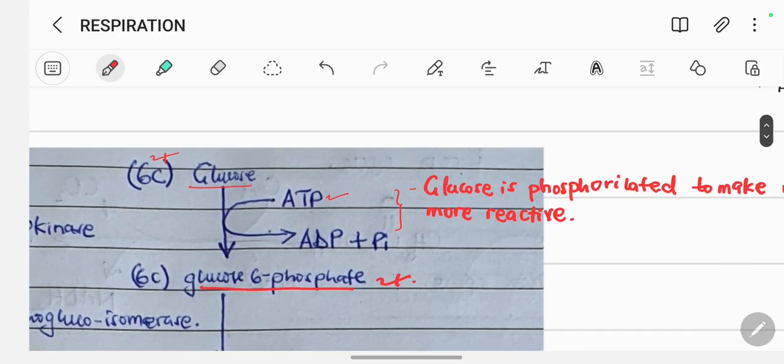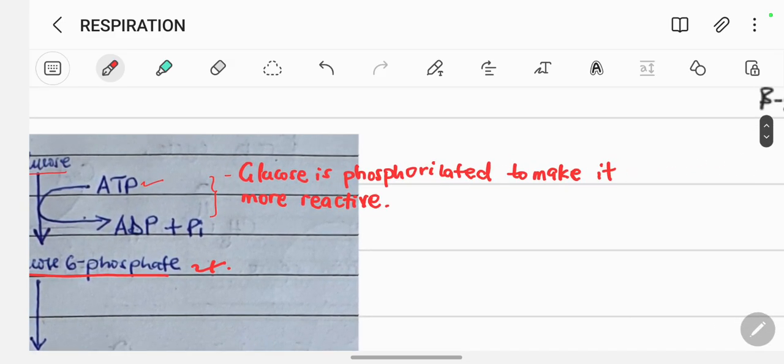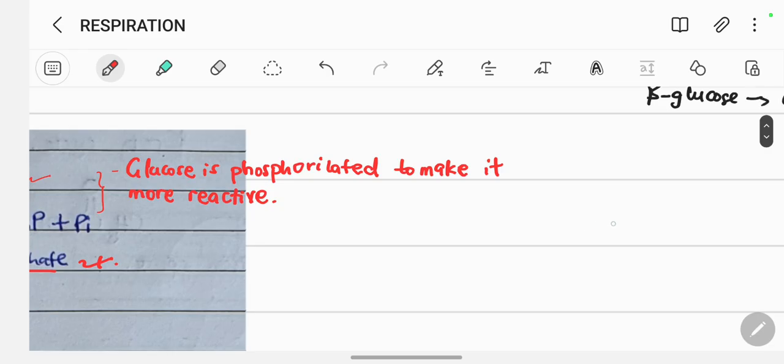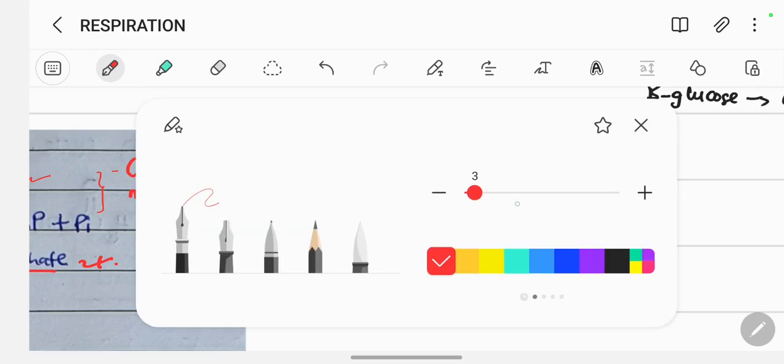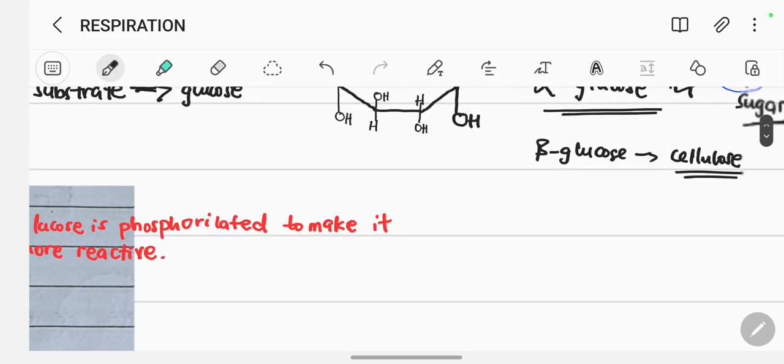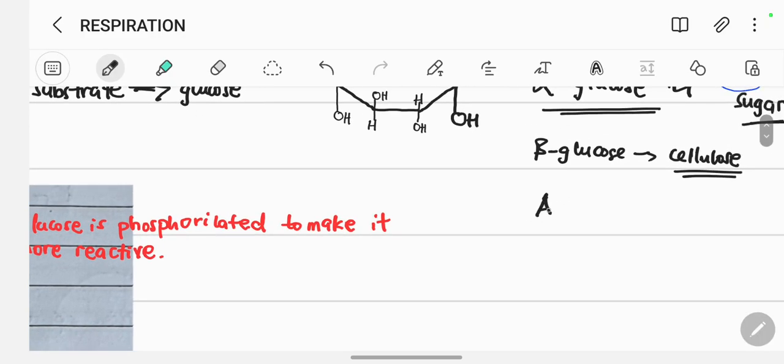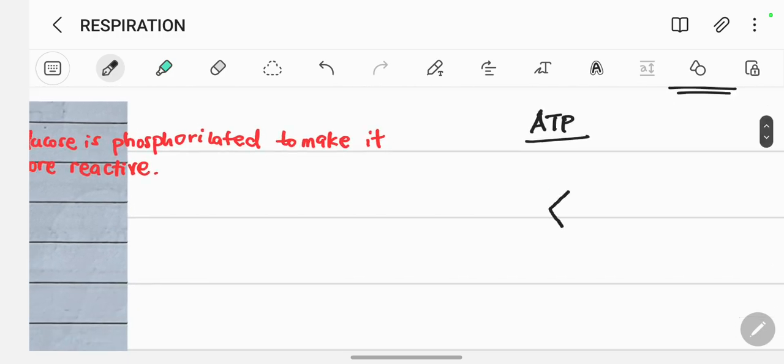So when you look at the structure of ATP, let me use a simple structure of ATP, which is the ribose sugar there and the nitrogenous base, then 3 phosphate groups.